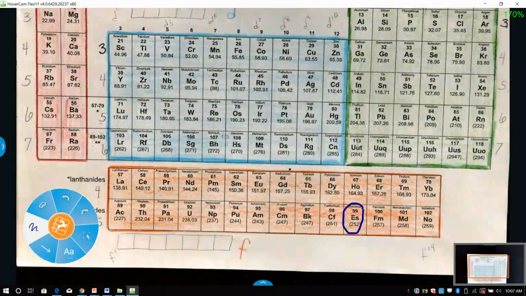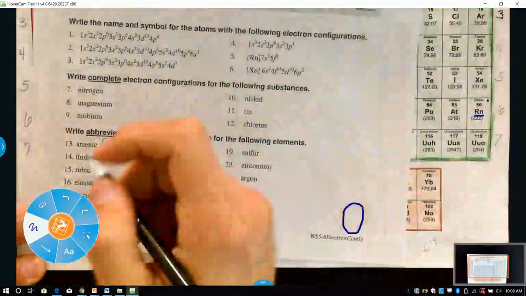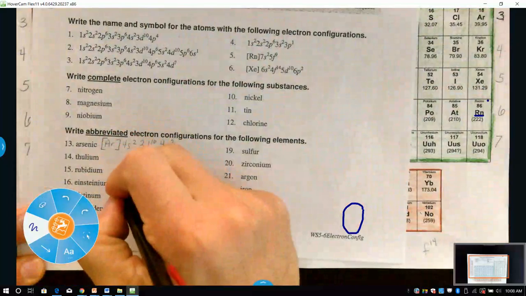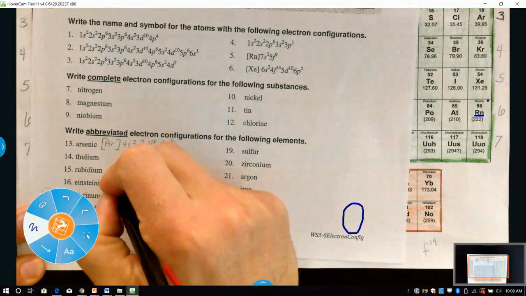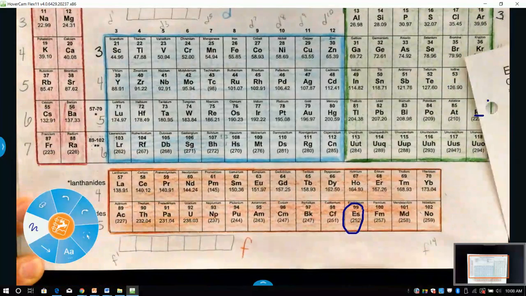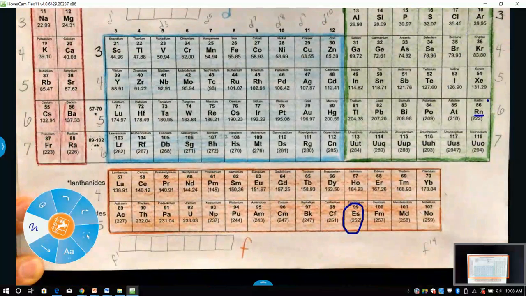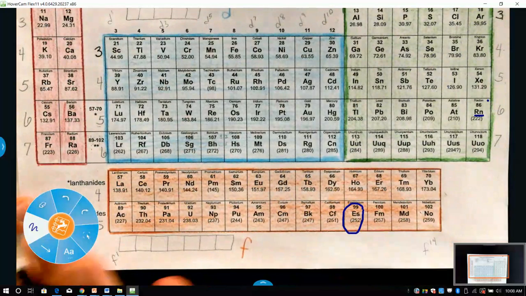So what is the noble gas that comes before 99? Rn. So that's what you're going to start on. Now, radon finishes at 6p6.